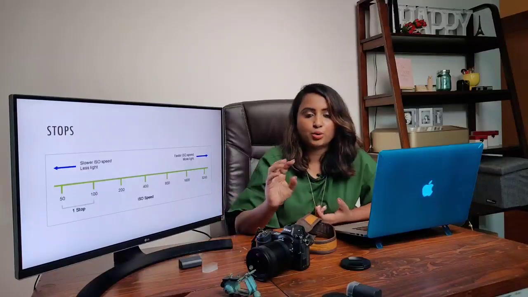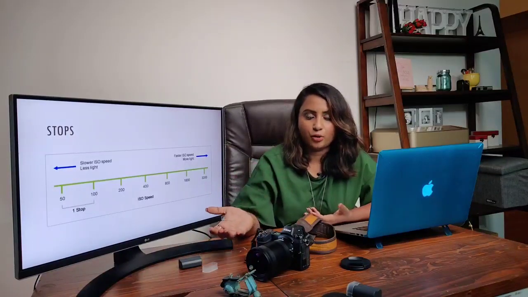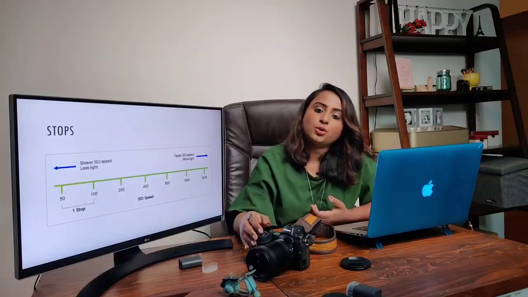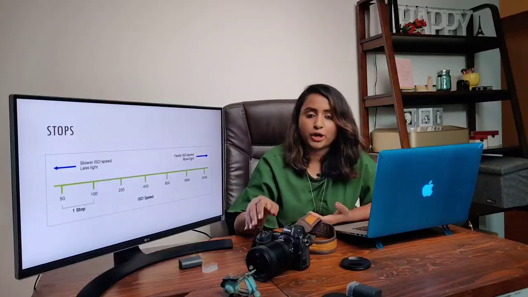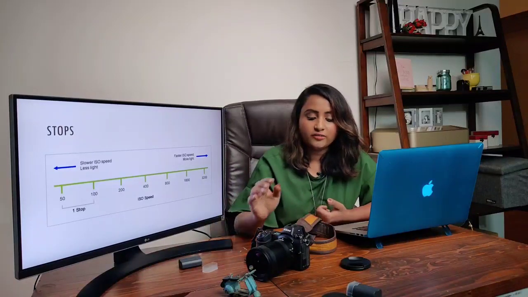You might have seen a lot of low light images look grainy and noisy on your phone or your camera, right? That is because the camera is shooting at really high ISO, and at that point you're losing detail. So if you want more detail in your images, you will have to shoot with a lower ISO.